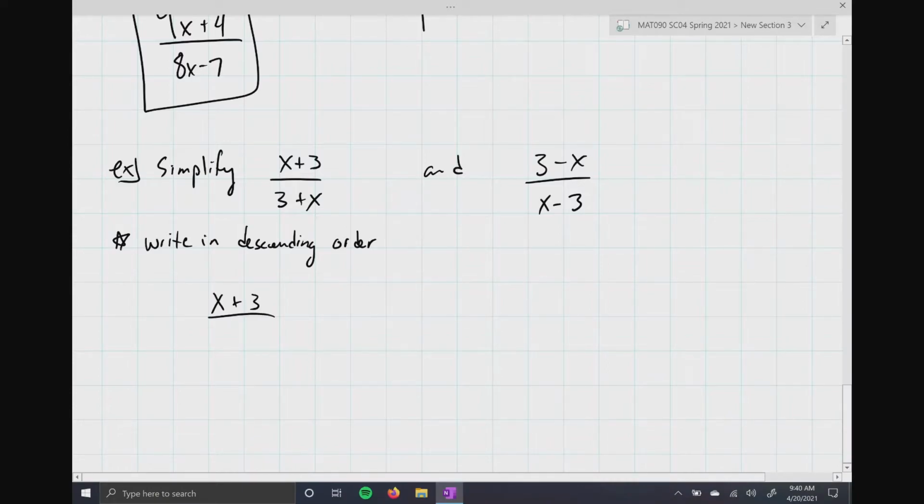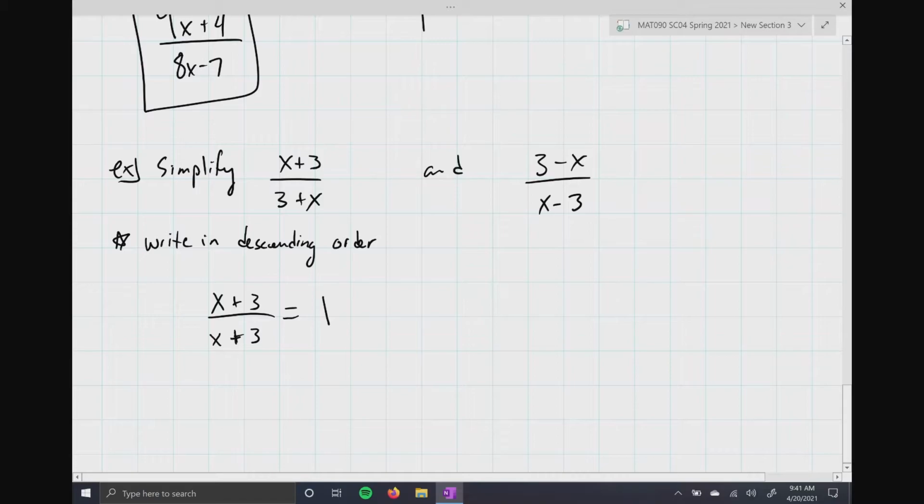The 3 plus x, I'm going to just swap the positions and write it as x plus 3 because I want it to be in descending order. And the reason why is we're very used to seeing polynomials written in descending order of degrees. And then on the flip side, everything is already aligned. X plus 3 over x plus 3, that's just equal to 1.